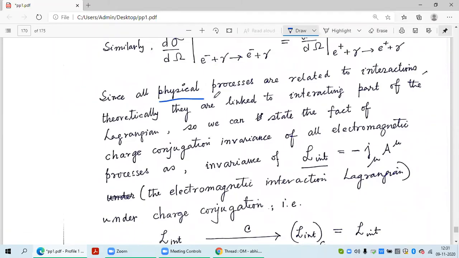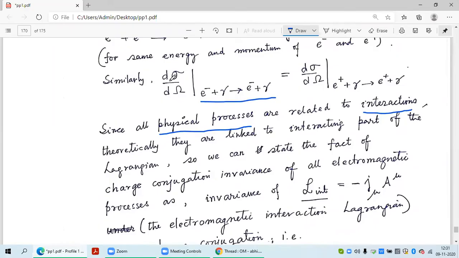Now, since all physical processes are related to interactions, they should be related to interaction Lagrangians, not free Lagrangians. In the latter part of this course, maybe the particle physics 2 course, you will see how I can calculate the cross section, which we have already defined as differential scattering cross sections in quantum mechanics, from a given interaction Lagrangian.